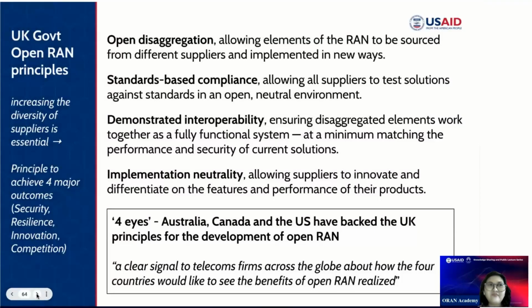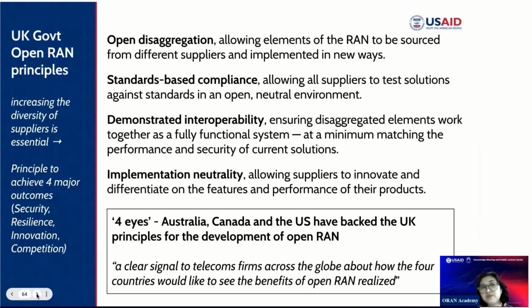Right now, we have the UK government spearheading by developing the principles in Open RAN, such as open disaggregation and standards-based compliance. That's why we have the 3GPP, and we also have the use cases, as Richard mentioned, in managing Open RAN use cases.